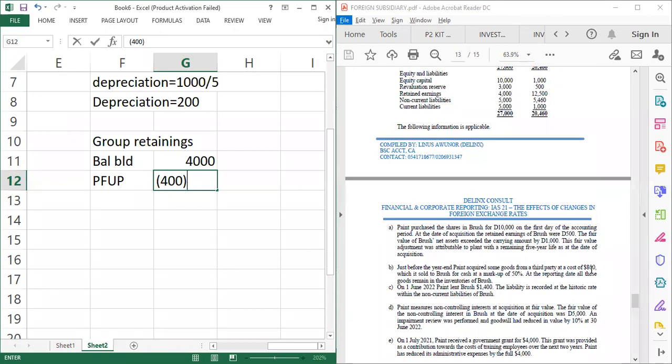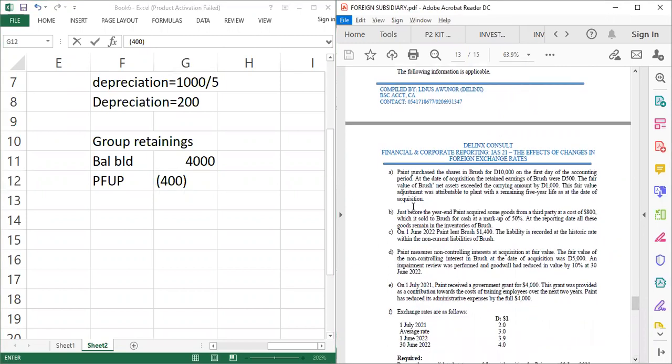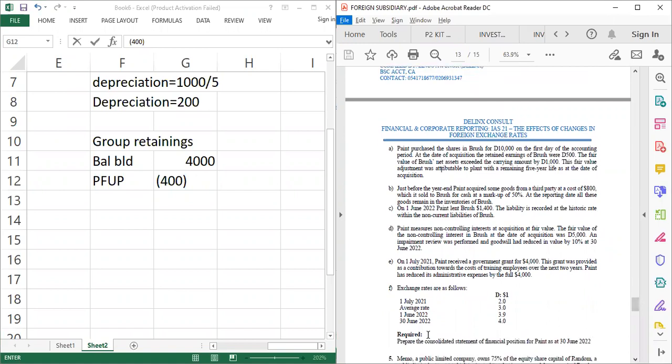So what we are going to do is that we have to go and reduce the inventory to 800. But the subsidiary is keeping the inventory at 1,200 as the equivalent of their rates. They say just before the year end, so we use the closing rate for that. So if they are keeping the goods at 1,200, what will be the D equivalence?